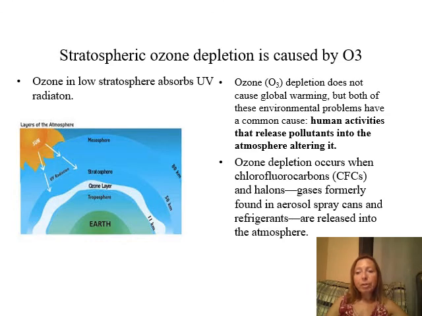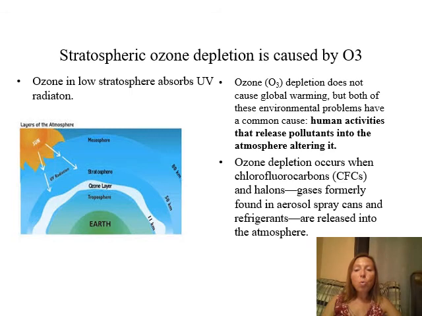So we're not talking about that ozone. The ozone, the O3, can also be found in the lower layer of the stratosphere where it occurs naturally. So here we are talking about the depletion of the ozone in the stratosphere, not in the troposphere where it is man-made.